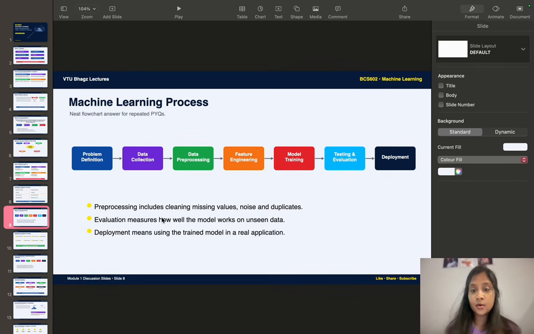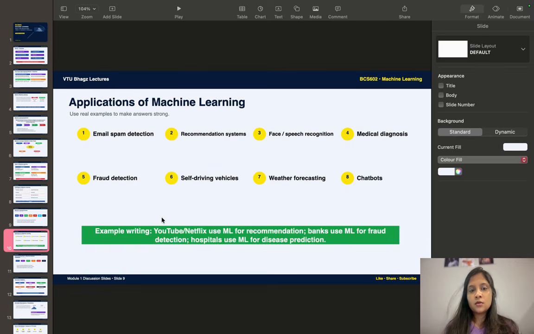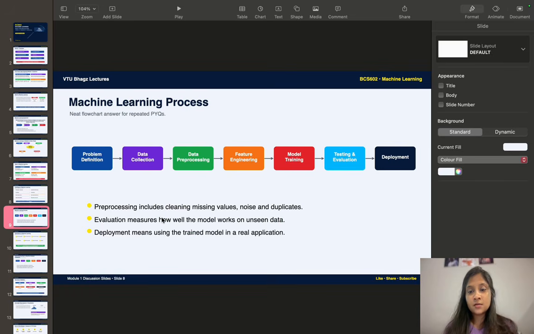Third is pre-processing: we clean the data by removing errors, missing values, and duplicate values. Fourth is feature selection or feature engineering. Fifth is model selection. Sixth is training. Seventh is testing and evaluation. And finally, the model is deployed. If you remember this diagram specifically, then you can explain each phase. Usually asked for 10 marks.